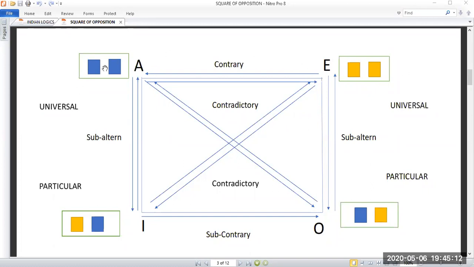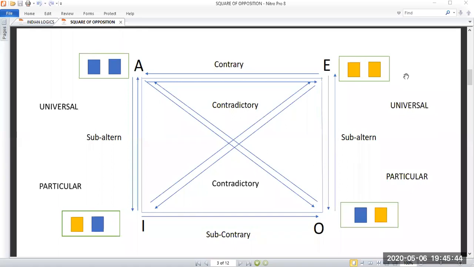If you take this one as true, for example, all balls are blue, then this cannot be true because all balls are yellow here. So if all balls are blue is taken to be false, then automatically what will happen?